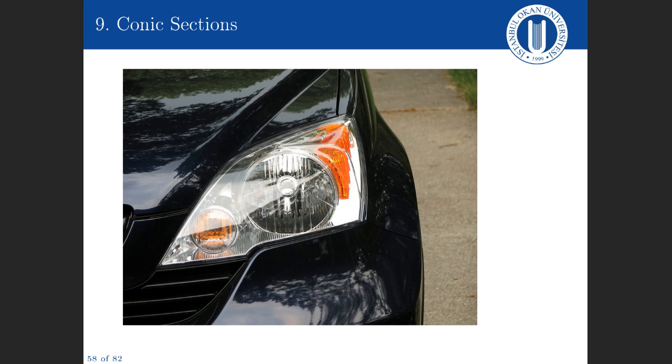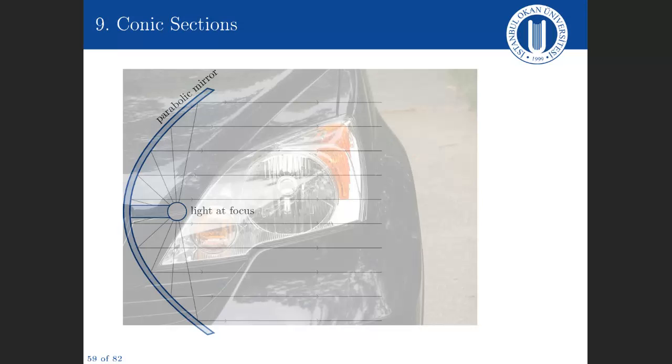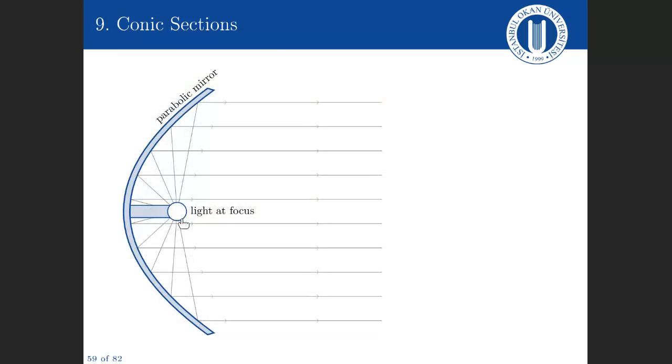This is useful, for example, in a car headlight. We would put the light at the focus, and then we would have a mirror in the shape of a parabola. The light would emit from the light bulb, reflect off the parabolic mirror, and leave the car in parallel lines.